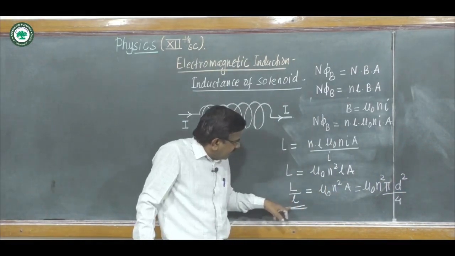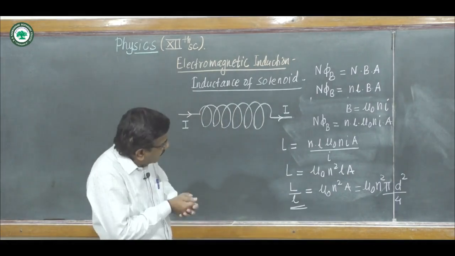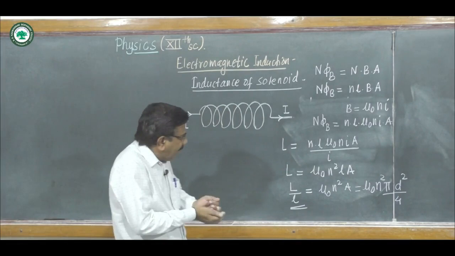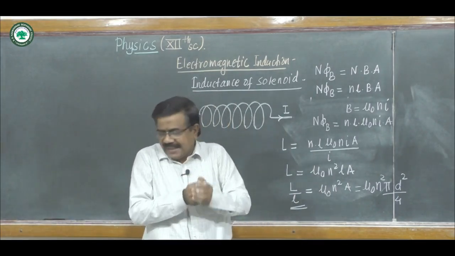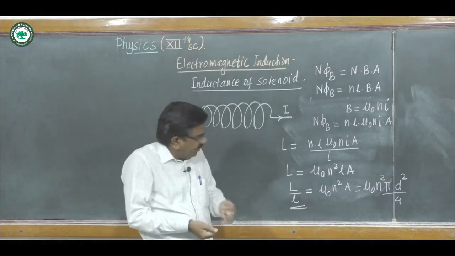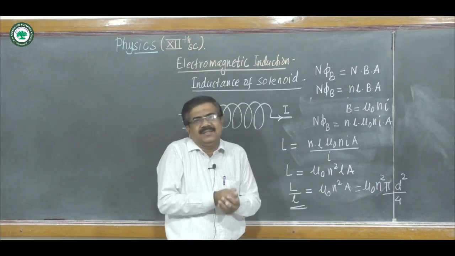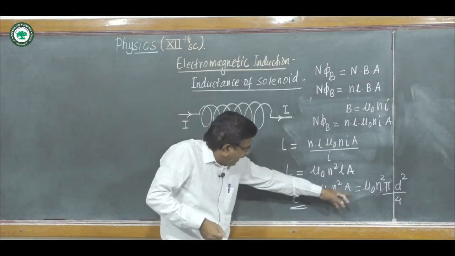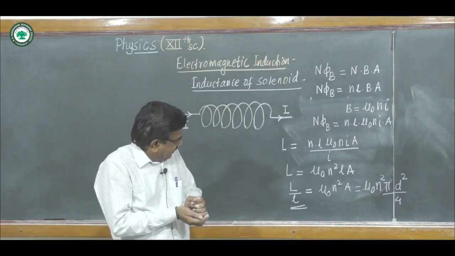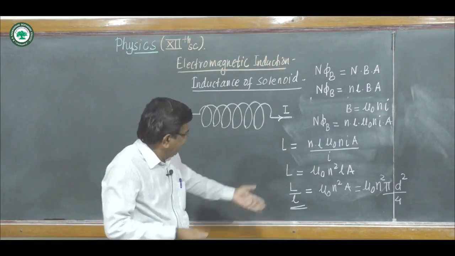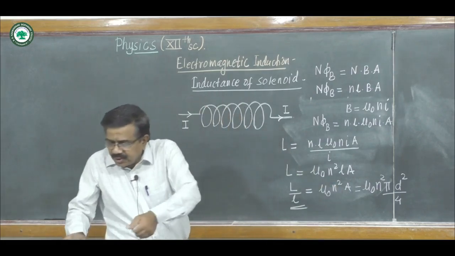So this inductance per unit length is mu 0 n square A, or it is mu 0 n square pi d square upon 4. From this equation, it is clear that the inductance depends on shape and size only. It is directly proportional to n square. It is directly proportional to area of the coil.